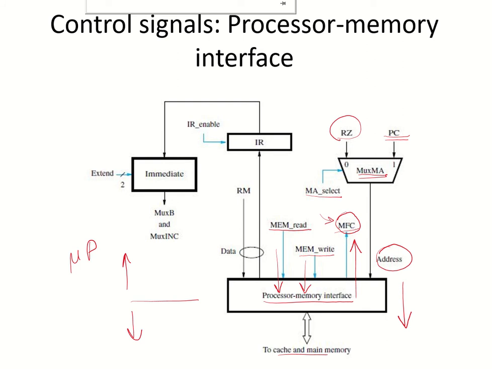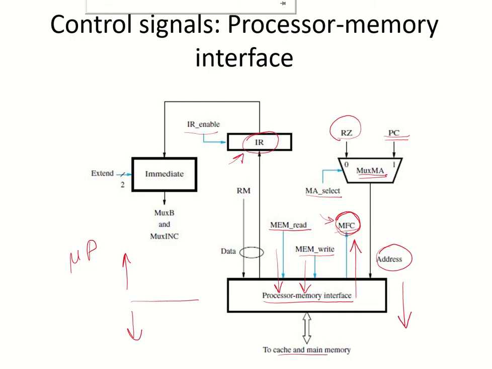If it was an instruction fetch, the instruction will be received into the instruction register. After the MFC has been received, IR enable will be activated and that particular instruction will be put in the instruction register.